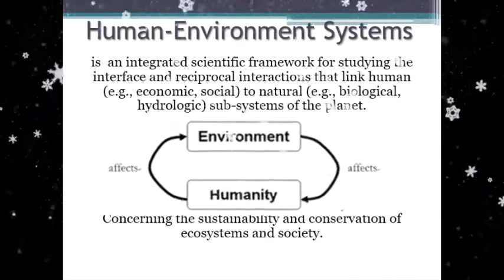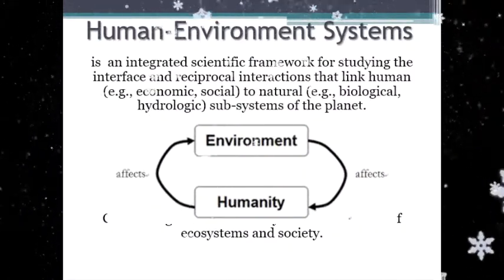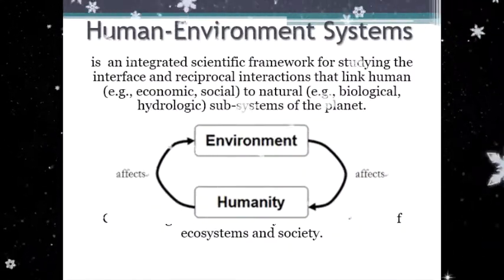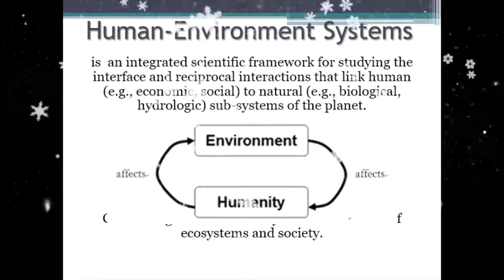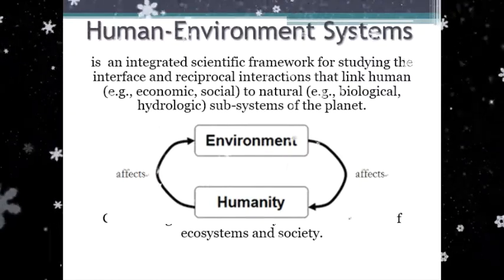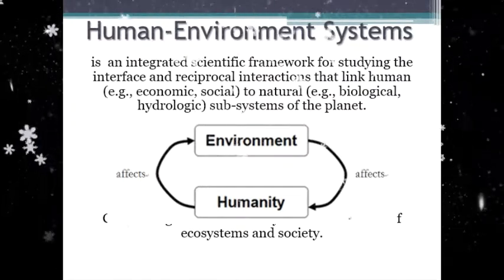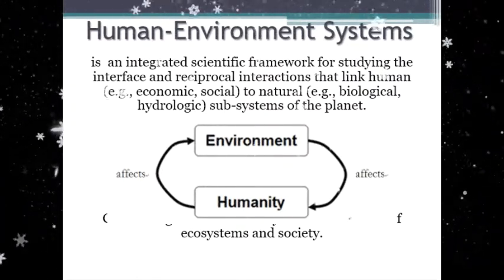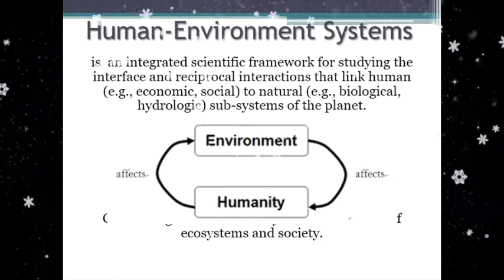So, humanity affects the environment, and then the environment affects humanity. As you can see on this diagram, humanity can affect the environment because human activities can affect the environment.